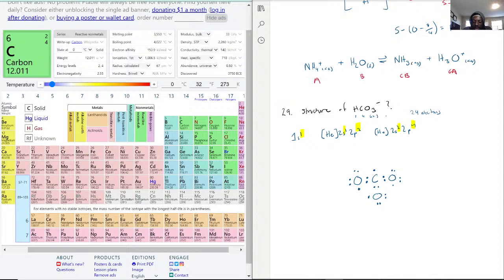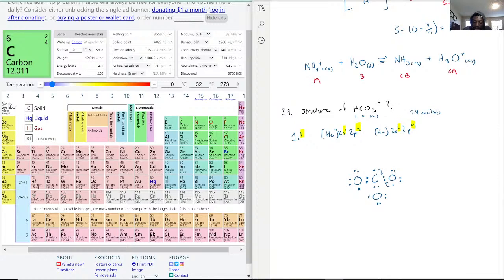That one, I think, to make it make sense, because we want to form at least 1 double bond, because that's all carbon can handle. So we're going to form a double bond here. And that's going to be C, a double bond here.